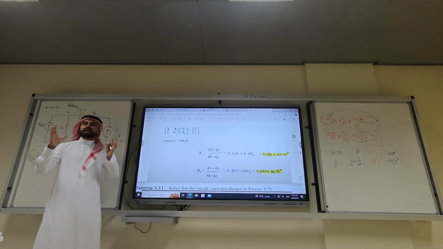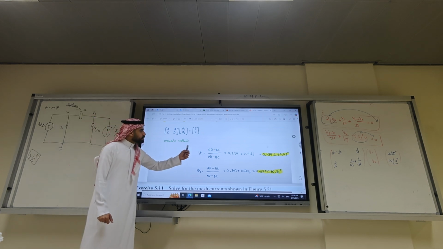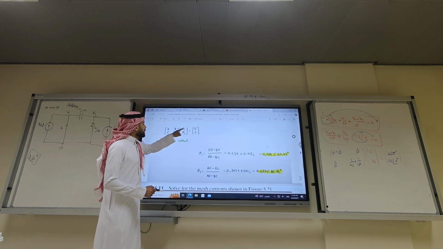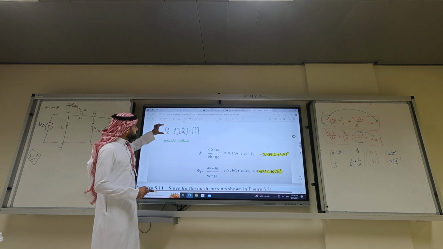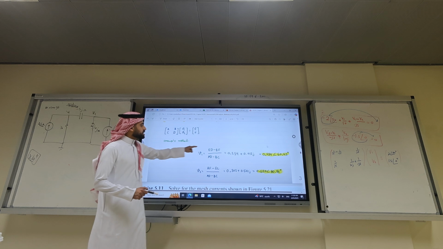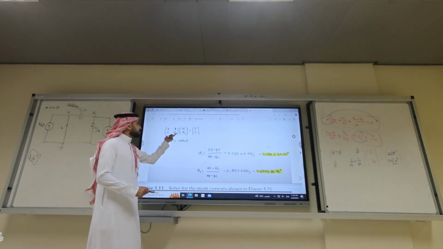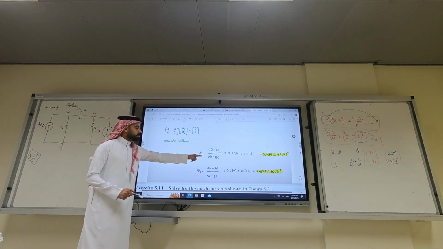In short, it is the determinants, the determinant of the matrices. To calculate V1, you have to find the determinant of ED minus BF. Basically, you put E and F instead of A and C, and you take the determinant, which is ED minus BF, over the original determinant, which is AD minus CB, or BC.